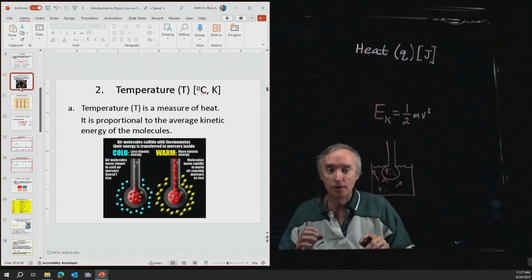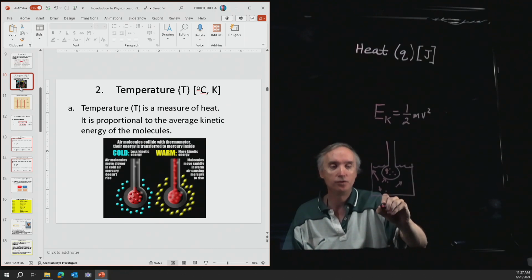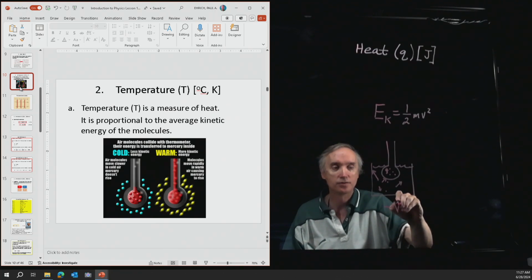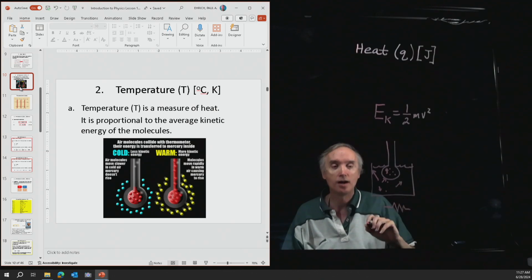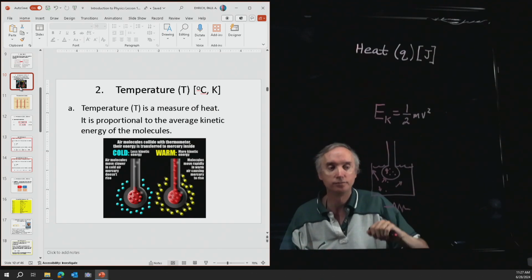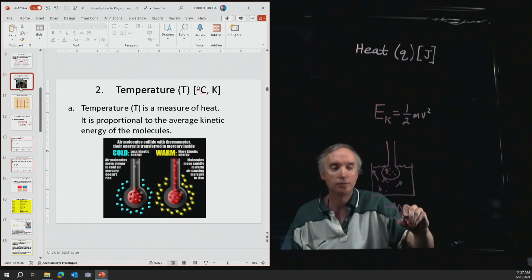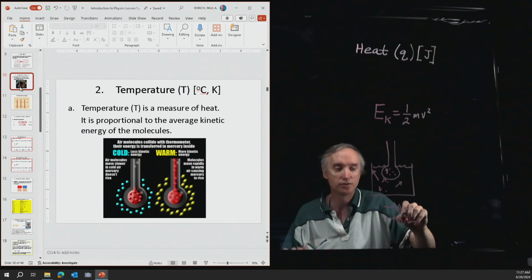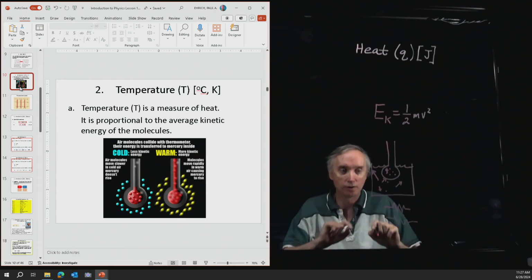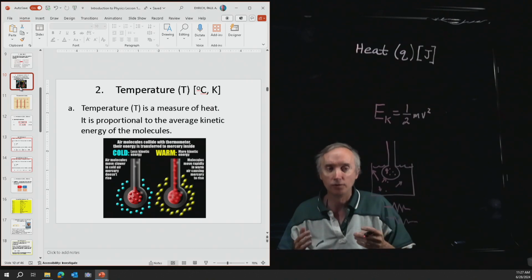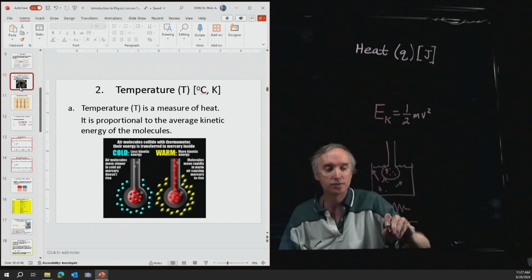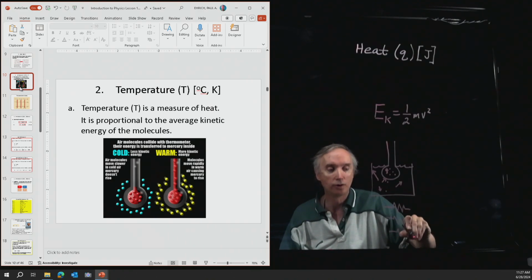Okay, now think about a spring. If you have a spring and you apply just a little bit of force to it, it's going to stretch maybe out to here. You see it got a little bit longer. But if you apply more force to it, then it's going to stretch even more.